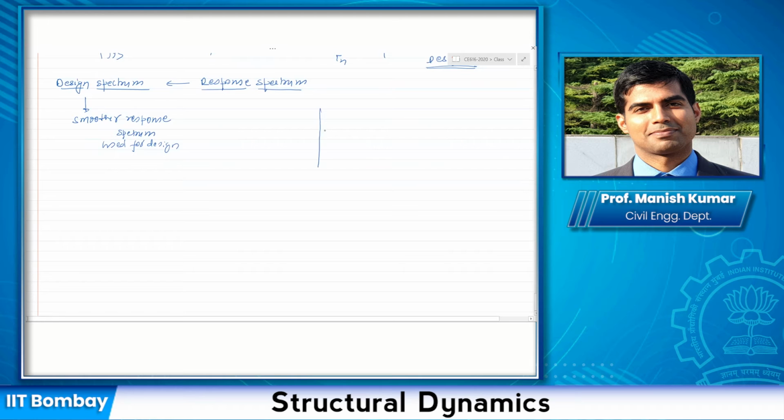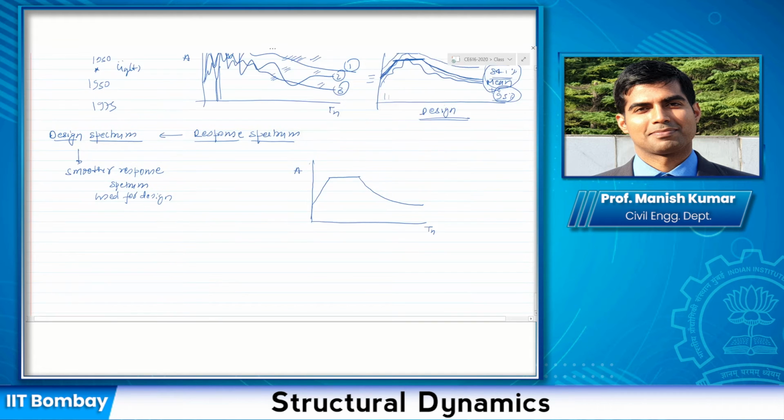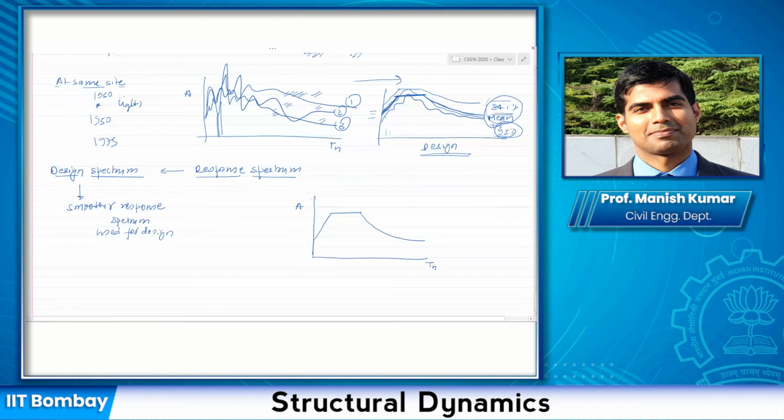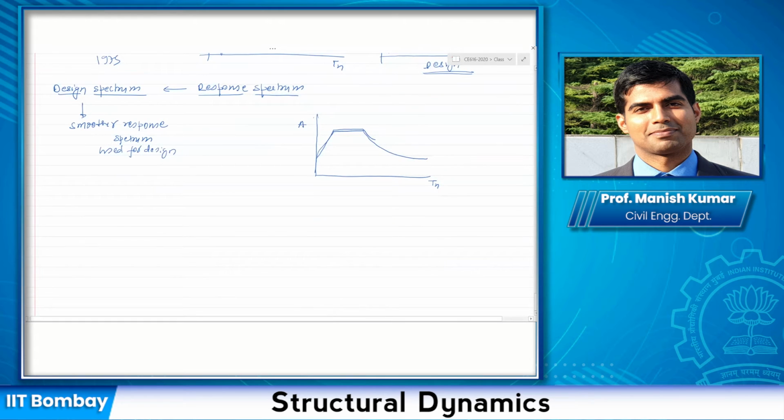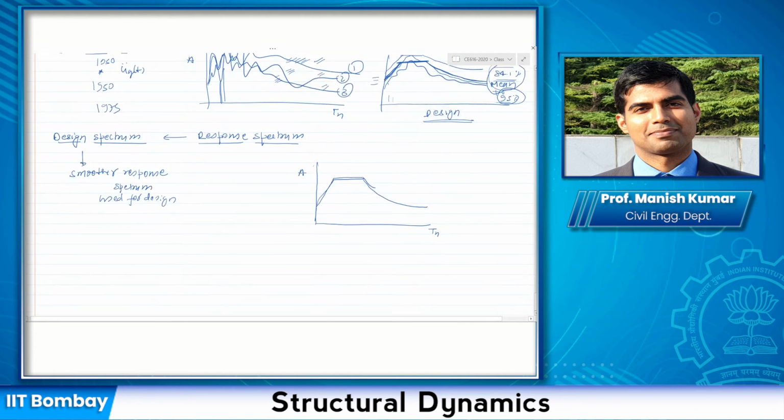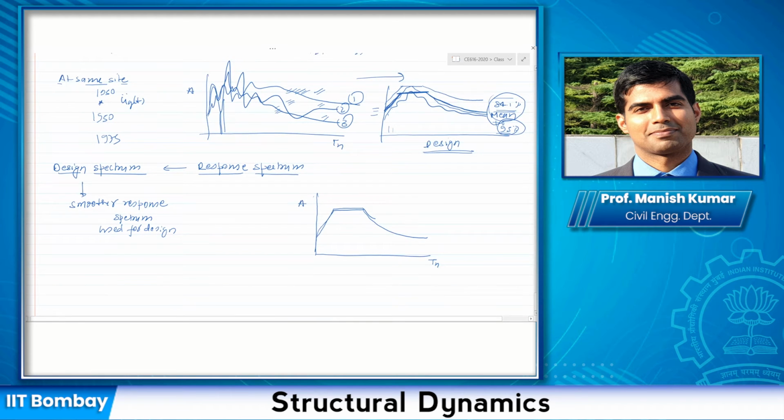So a typical response spectrum looks like this, where this is acceleration and this is time period. If you look at this, it is somewhat similar to the response spectrum, but a smoothened version of the individual response spectrum. So for each site, depending upon where you are located, let us say Mumbai, Delhi, or any other place, you would have a response spectrum provided to you that basically represents the level of seismic hazard that the structure is exposed to.